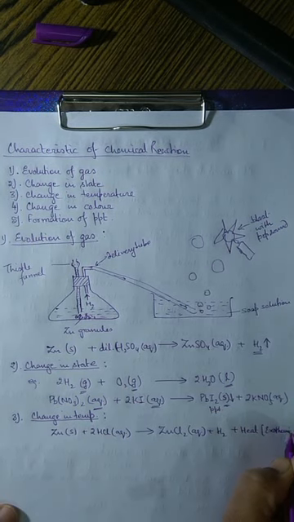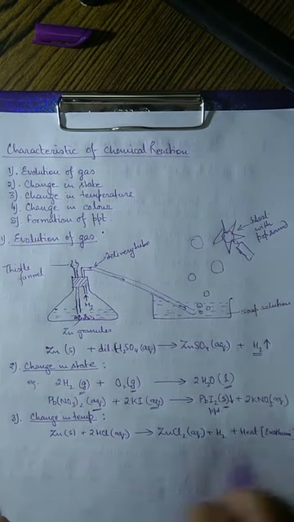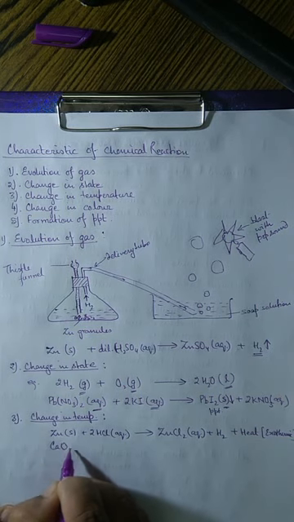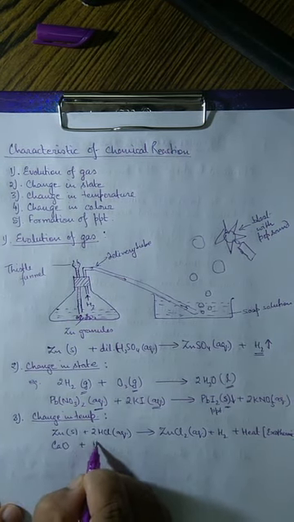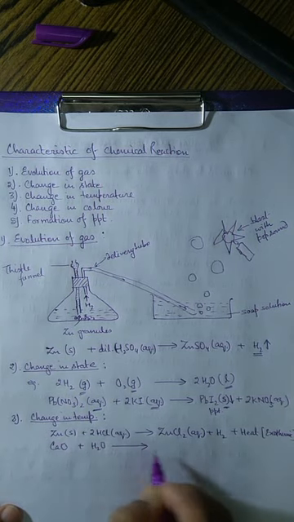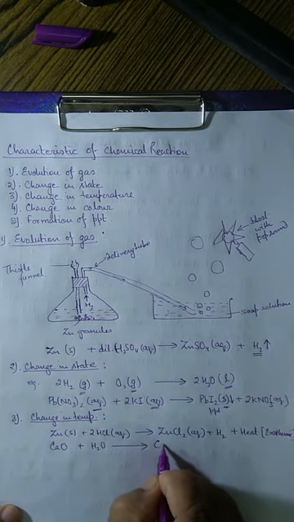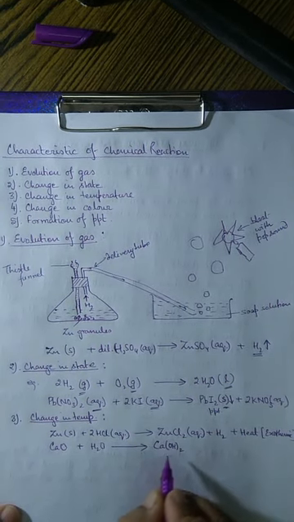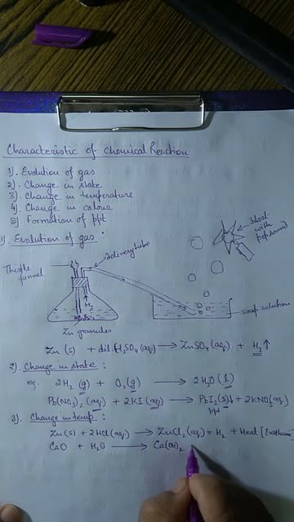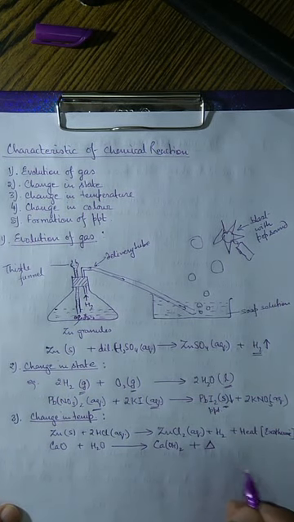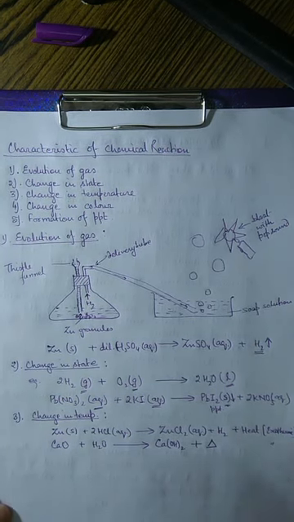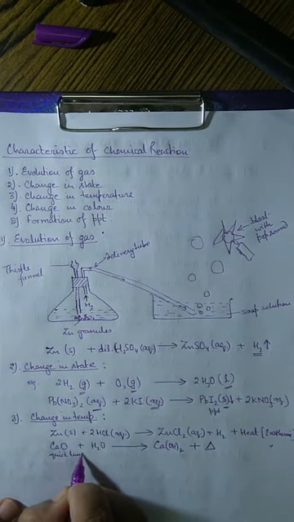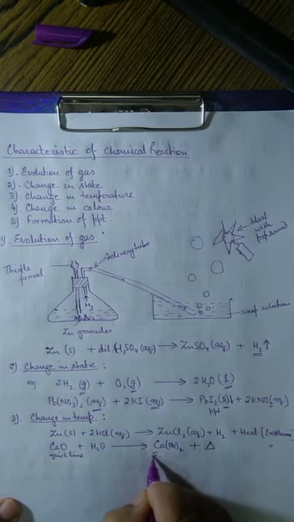Now after this, calcium oxide, which is also known as quicklime, when it reacts with water gives calcium hydroxide. This is calcium oxide, this is calcium hydroxide. This is also known as slaked lime. Plus heat is being formed here. Again, exothermic reaction. This is quicklime, and this one is slaked lime.